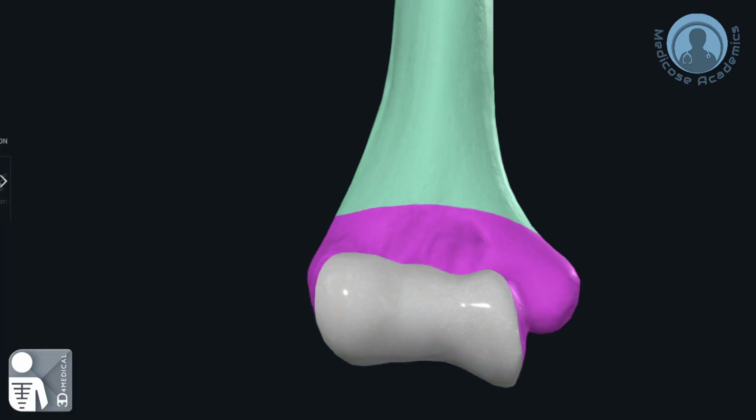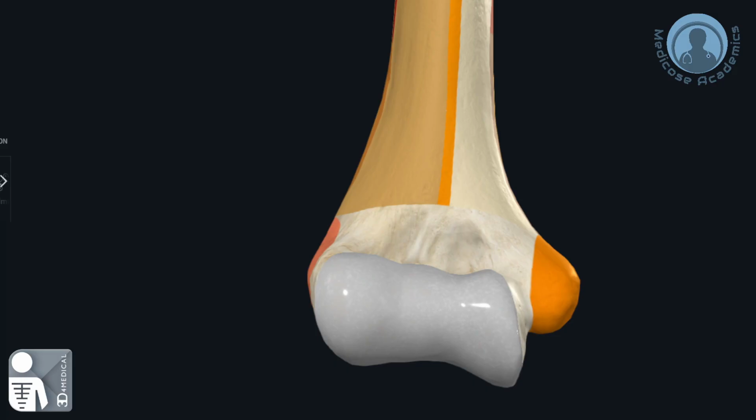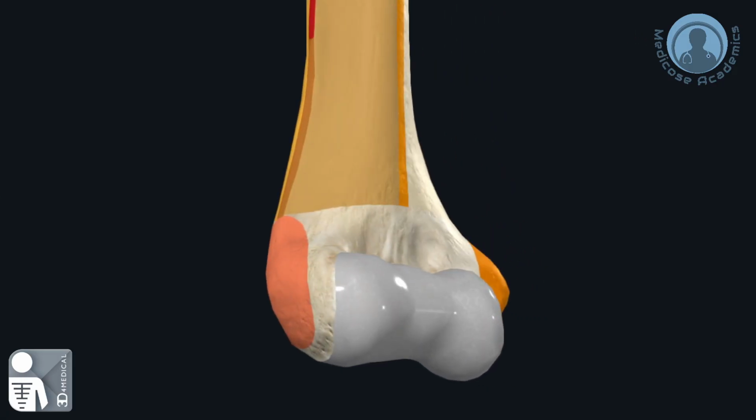So we'll quickly see them too. On the medial and lateral aspects of the condyle are epicondyles. That is the medial epicondyle, and on this aspect there is the lateral epicondyle.